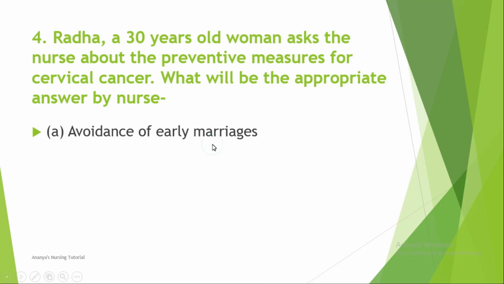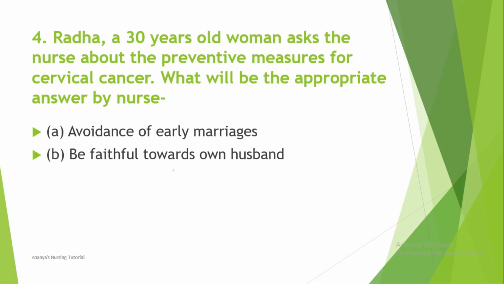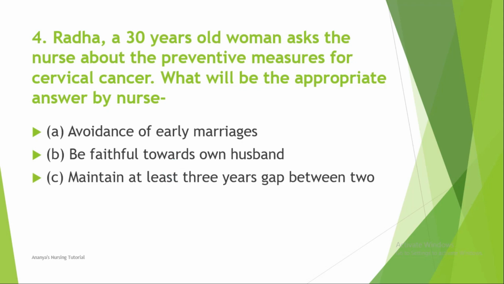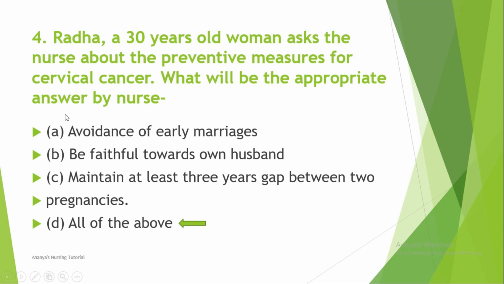The options are avoidance of early marriage, be faithful towards own husbands, maintain at least 3 years gap between 2 pregnancies, and all of the above. So the correct answer is all of the above. These are the steps which we can take to prevent cervical cancer.